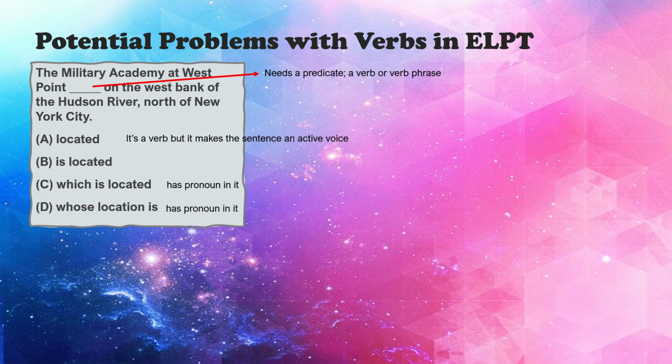Therefore, using an active voice is wrong. So you need to use a passive voice. This one is the passive voice. After "be," you have verb 3. What is passive voice? Well, I'm going to explain it in the next video. Okay, so this is the correct answer.